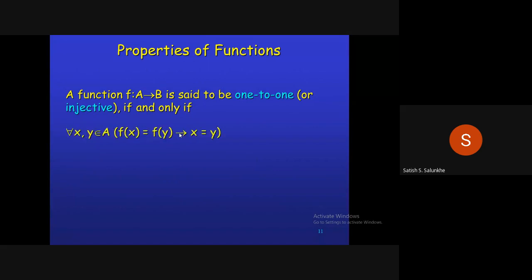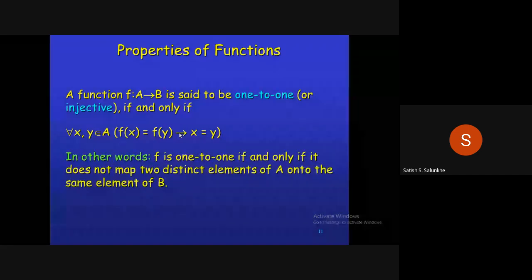A function is one-to-one or injective if it does not map two distinct elements of the domain into the same element of the codomain. That means every element from the codomain, whoever has pre-images in the domain, has unique pre-images.